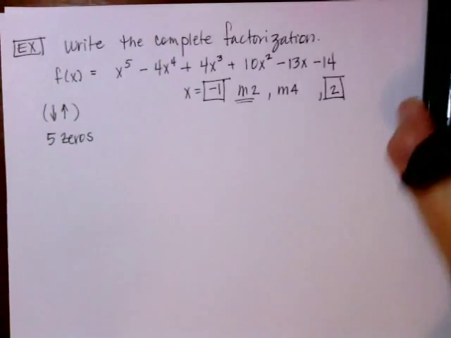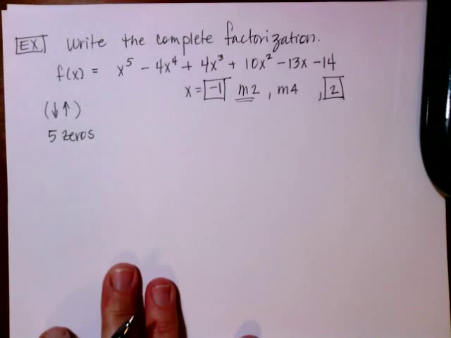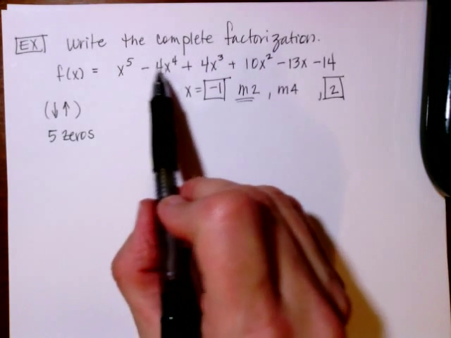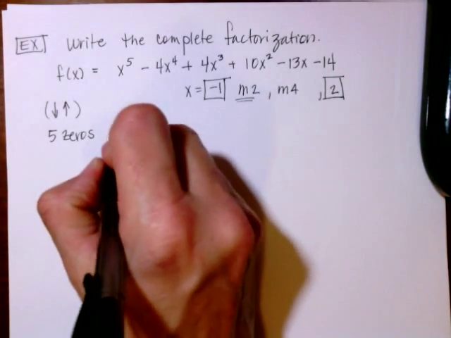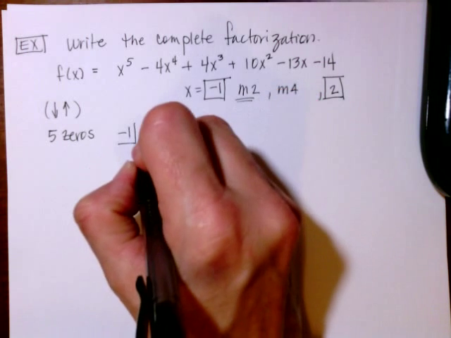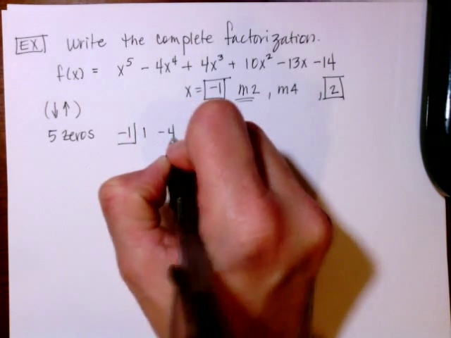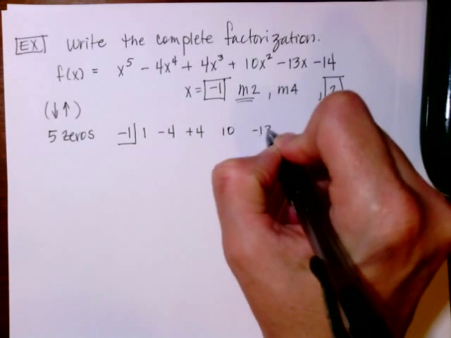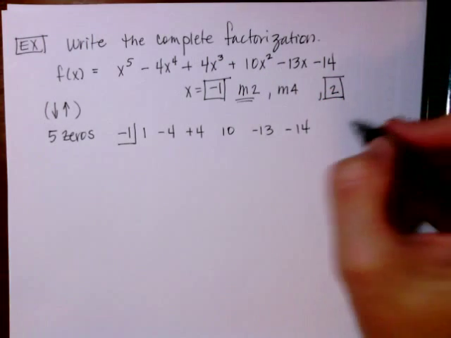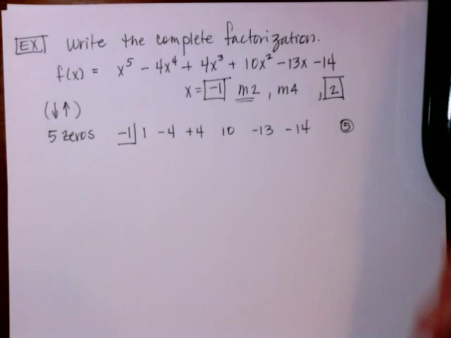So let's now start our process of nested synthetic division. I don't need any placeholders because I have no missing terms, which is nice. I'm going to start with the negative 1, write down my coefficients, negative 4, positive 10, negative 13, negative 14, and I'm going to write a 5 and circle it; that tells me I'm starting with a 5th degree polynomial.